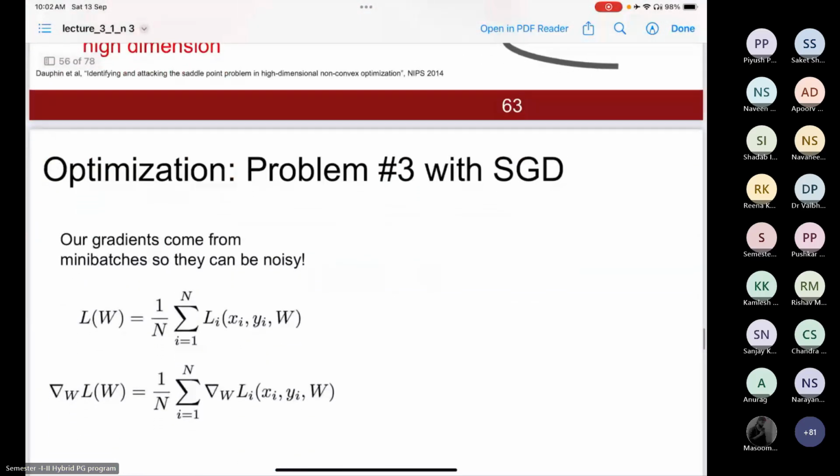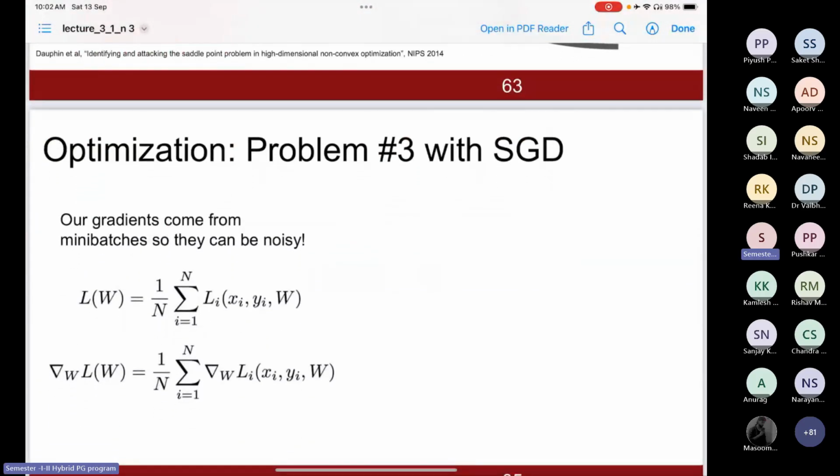Now we have one more problem, and that is gradient noise. What I said when we started was that we should not go with one sample at a time, because in a class one guy could be noisy, or we can say a bad guy.